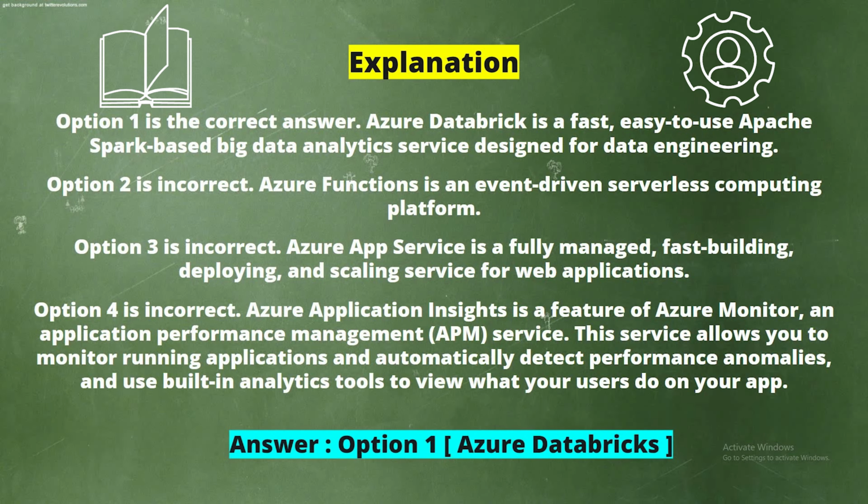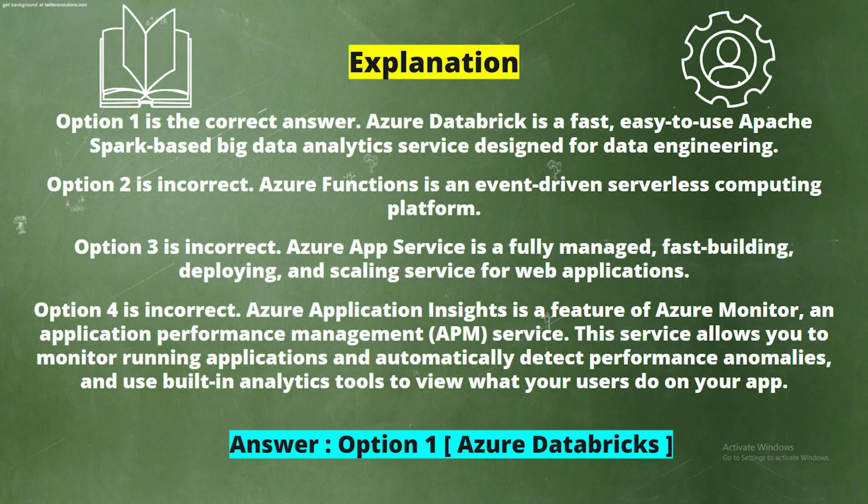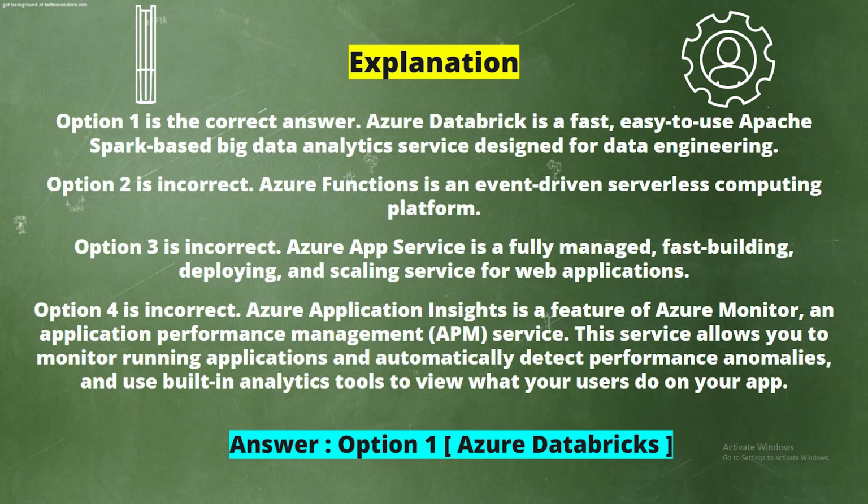Option 1 is the correct answer. Azure Databricks is a fast, easy to use Apache Spark based big data analytics service designed for data engineering. Option 2 is incorrect. Azure Functions is an event driven serverless computing platform. Option 3 is incorrect. Azure App Service is a fully managed, fast building, deploying, and scaling service for web applications.